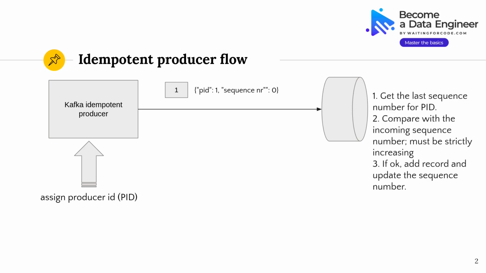So for the first record, it's quite fine. The broker gets these two pieces of information, compares with the sequence number that is stored locally, and if it's okay, if the sequence number is strictly increasing, the record is added and the producer can update the sequence number.